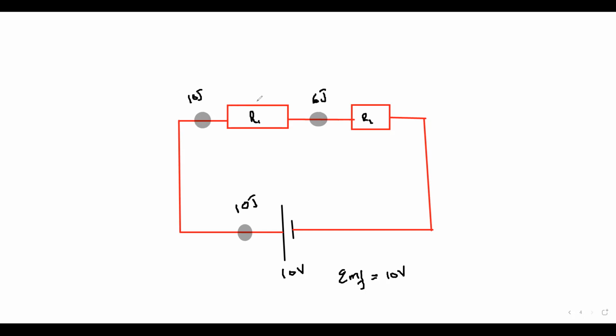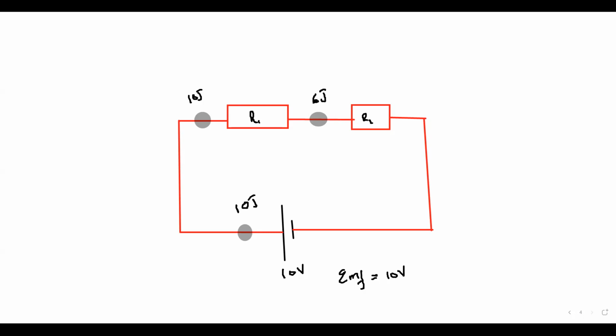So what is the amount of energy transferred by the charge when it was passing through R1, the first resistor? Before entering it was 10 and now it is 6.